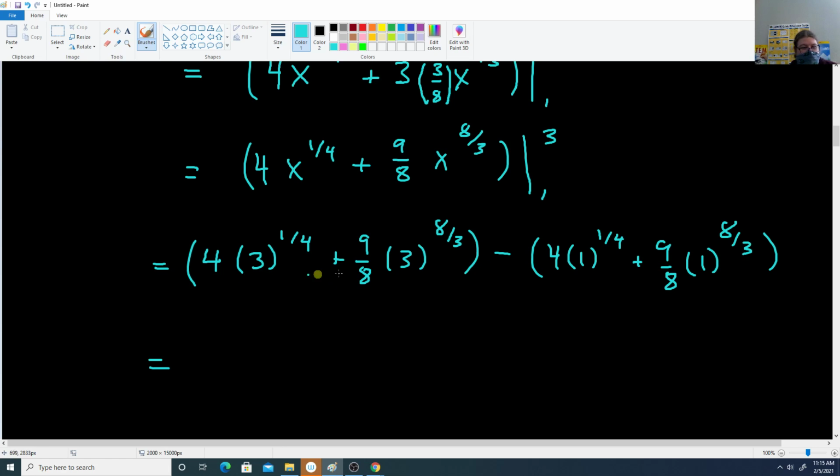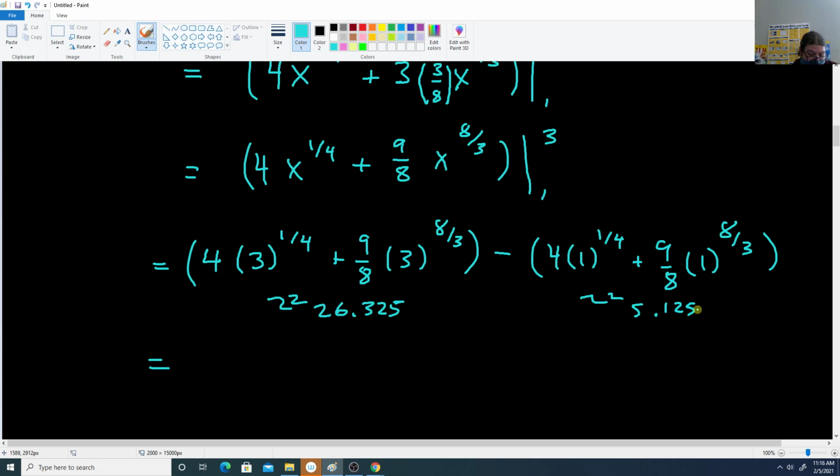I'm just going to do this whole subtraction all at once. So it's going to be this. This is about equal to 26.325. And then if we put the other one in, that's about equal to 5.125.